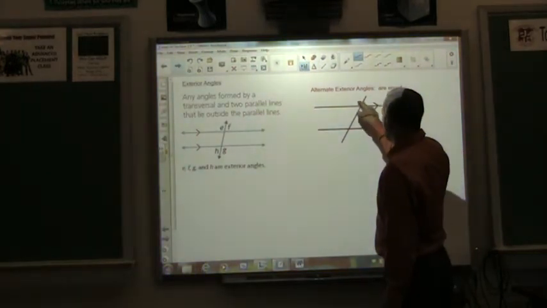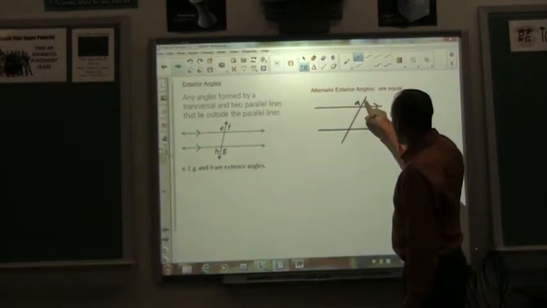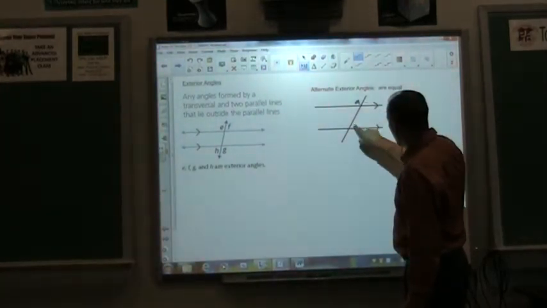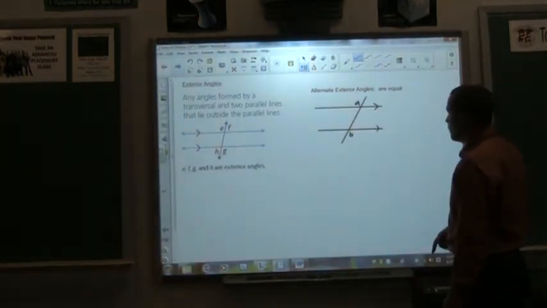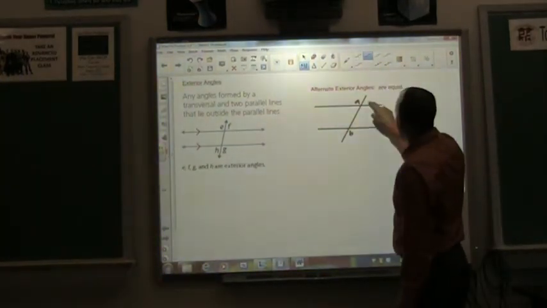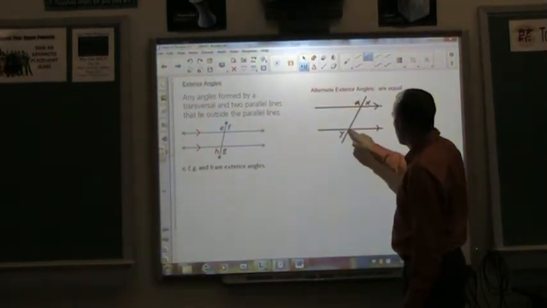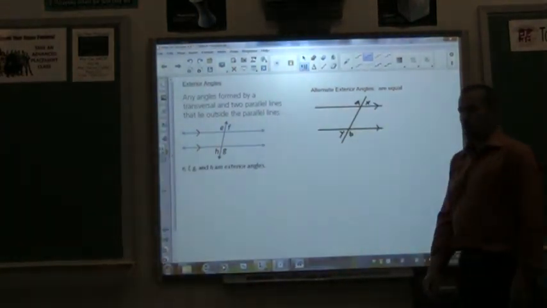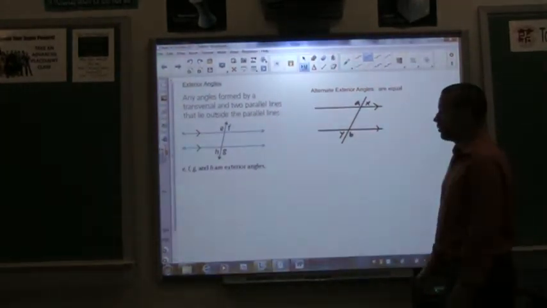If we look at this one here, A, right here in that corner, the alternate side of the transversal, the other side over here, this is your exterior, so A and B will be the same. If you look up here, let's say we look at X, alternate other side of the transversal, exterior, Y, so there is your other one, X and Y are equal.